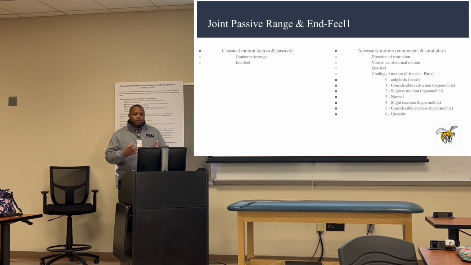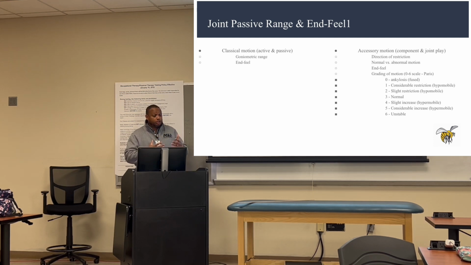Now, when we assess accessory motion, what are we looking for? We're looking for if that motion is smooth. The motion should not be aberrant. Aberrant motion is motion that is not smooth, like jerky motion.